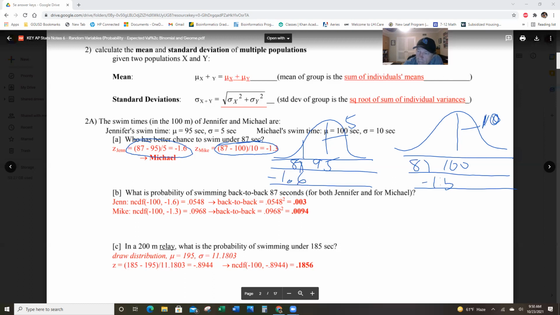Okay. So negative 1.3 is more likely to occur than negative 1.6. Okay. So you can actually stop at the z-score comparison. We've done that in the past, where negative 1.3 has more area to the left of it, because under means to the left, than the negative 1.6.